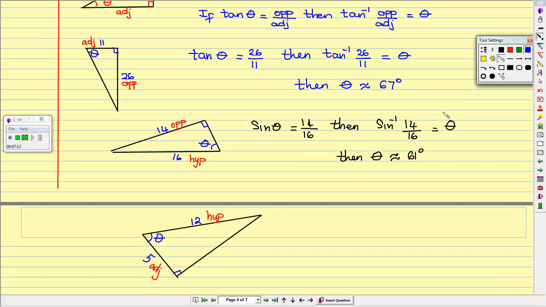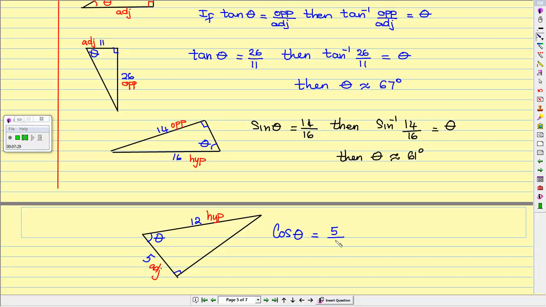So again, to find the angle theta, since we know the adjacent and the hypotenuse, we are going to use cosine. So the cosine of theta is adjacent 5 over hypotenuse 12.